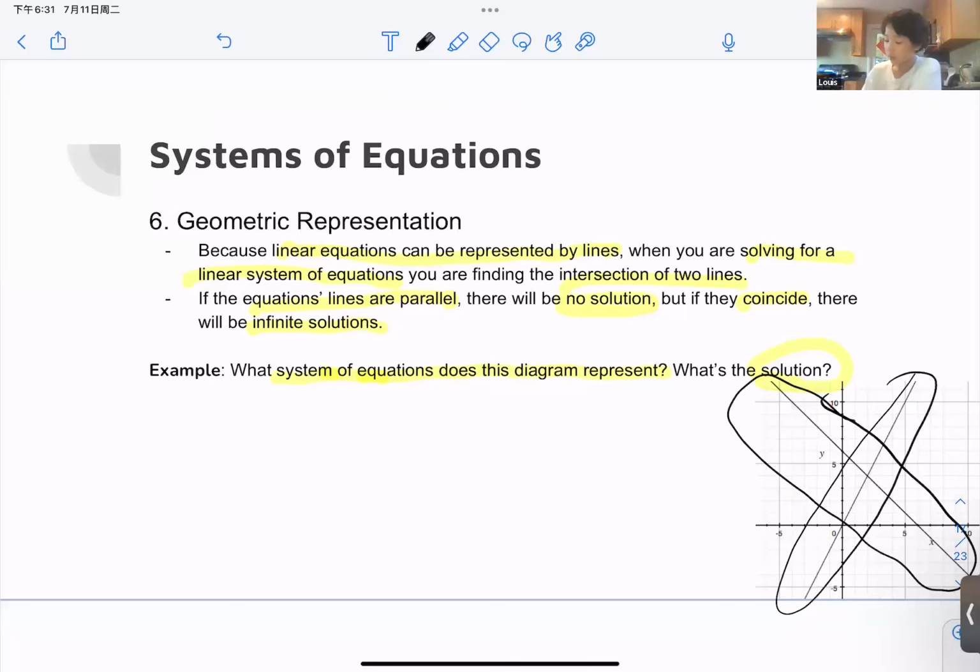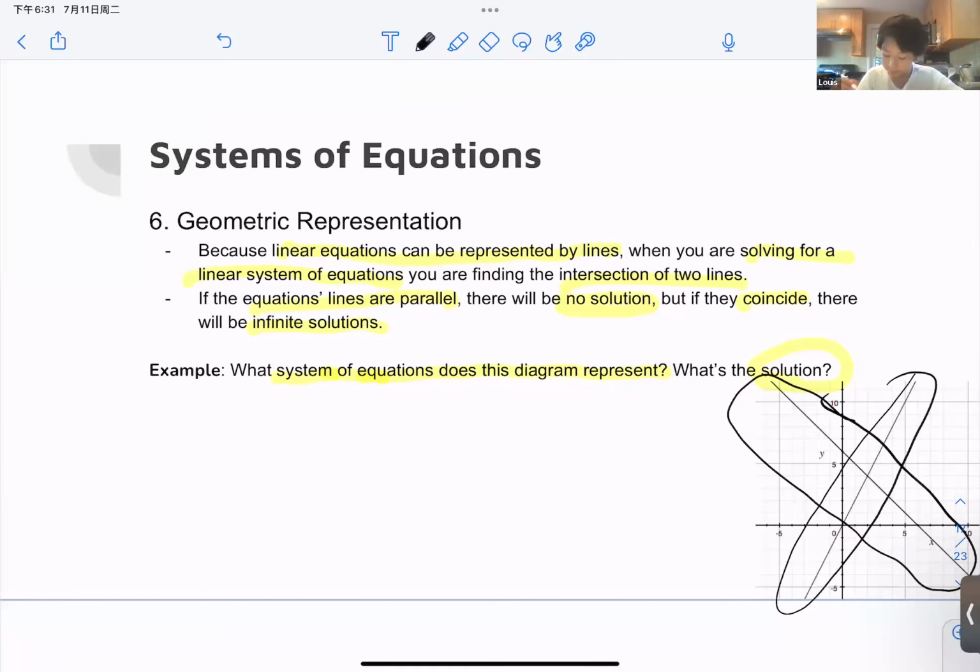So we're asked to find what lines these represent. So we can use slope-intercept form for this one.